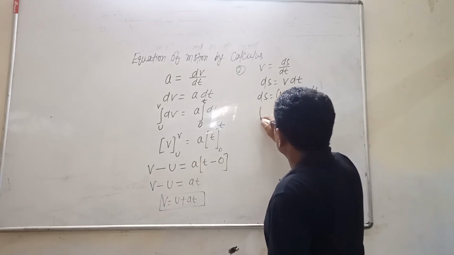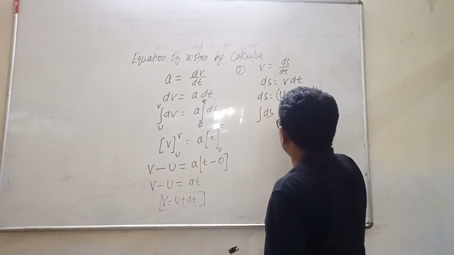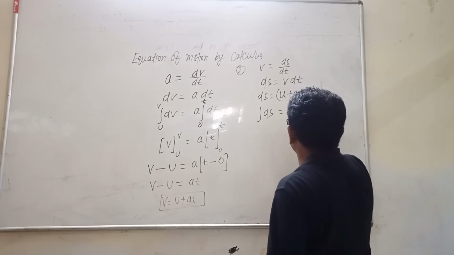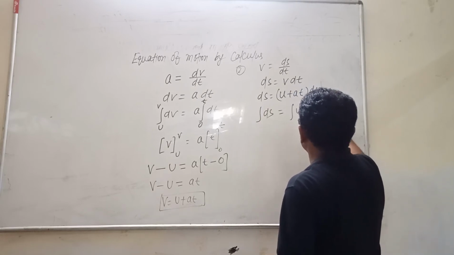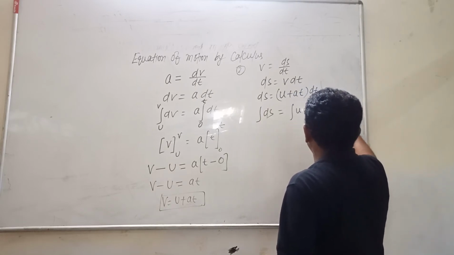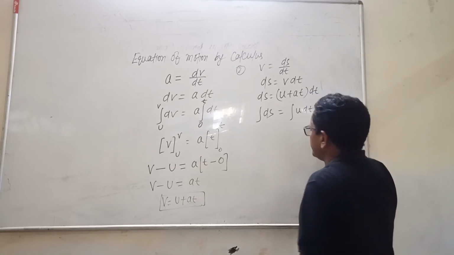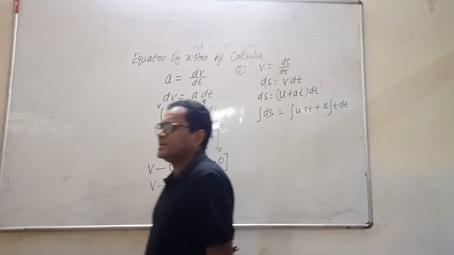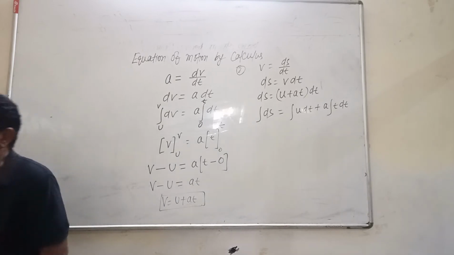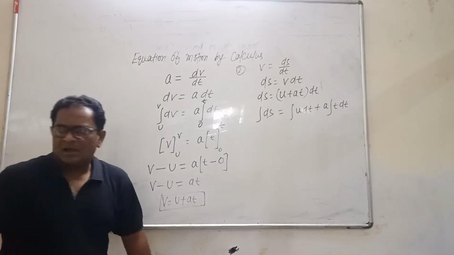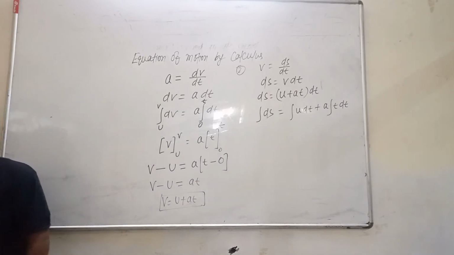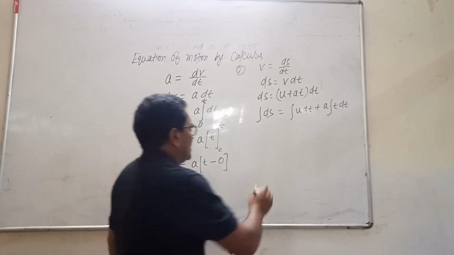Now use the integration both sides. So integration of ds equals to integration of u dt plus a, constant term taken outside, a integration t dt.